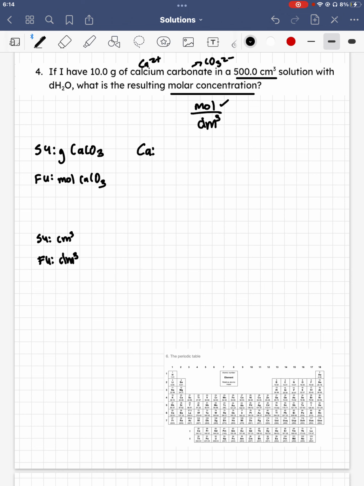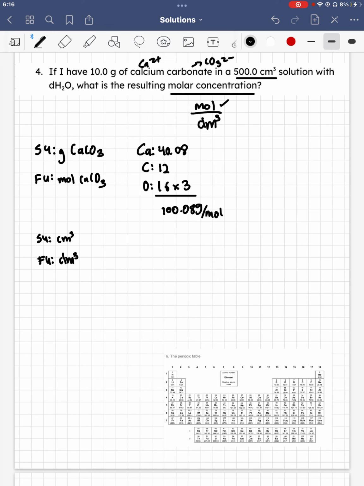So Ca is 40.08, and C is 12, O is 16 times 3, and I'm just going to put that in my calculator. All right, and I get 100.08 grams per mole. Great.